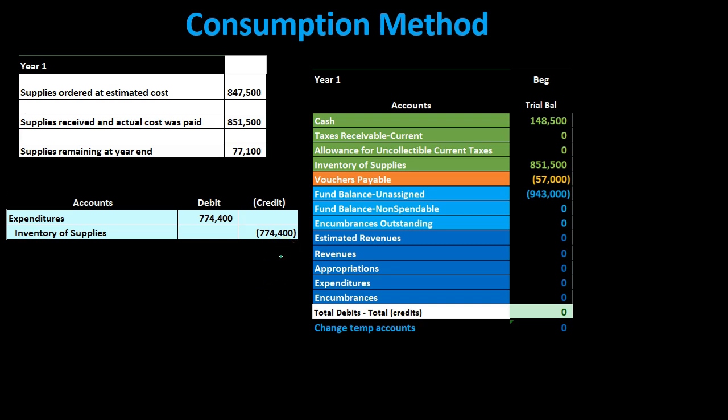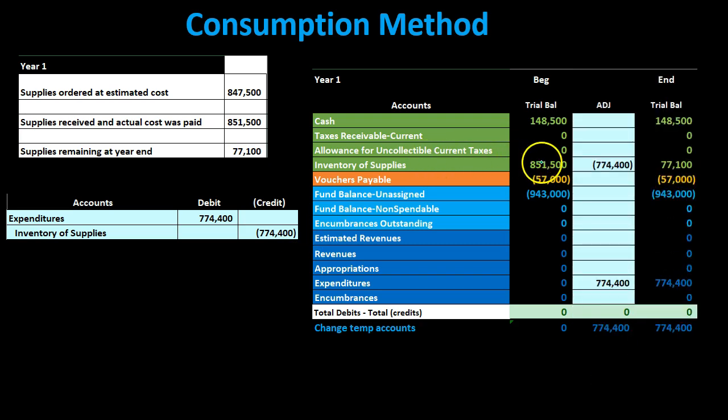This looks like our normal type of adjusting entries for an accrual type of account, bringing the inventory down with a credit to the physical count, and then recording the expenses, increasing the expense for the amount that was consumed at this point in time, this amount then being recorded on an accrual basis rather than a cash basis, because you'll note that we actually paid the entire amount, the 851,500. We're recording the amount that was consumed on an accrual type of basis.